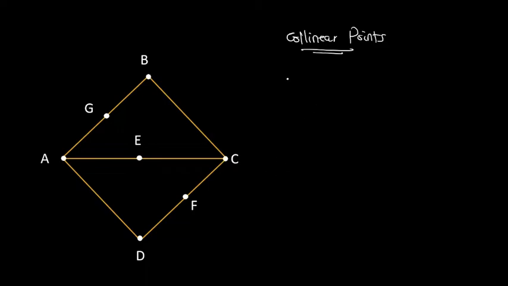So the points A, G, and B are collinear points because they can be found on a straight line. Now if I look at A, E, and C, that is also another straight line, and there are 3 points on it. So I also have A, E, and C. These are also collinear points.